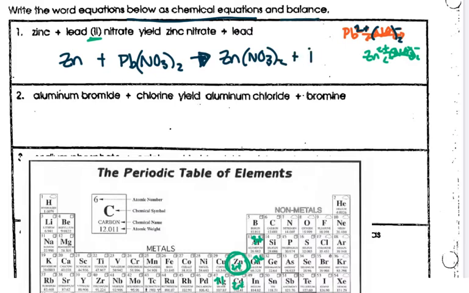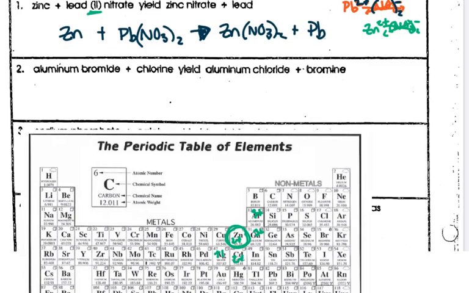And then plus lead. Just as a reminder, when elements are by themselves, the only thing you need to remember is our diatomics, so the ones that appear in pairs by themselves. I gave you guys the acronym a long time ago: Hofbrinclif, that's hydrogen, chlorine, bromine, fluorine, iodine, nitrogen, and oxygen. And all of those, when they're by themselves, appear as 2. Everyone else doesn't.